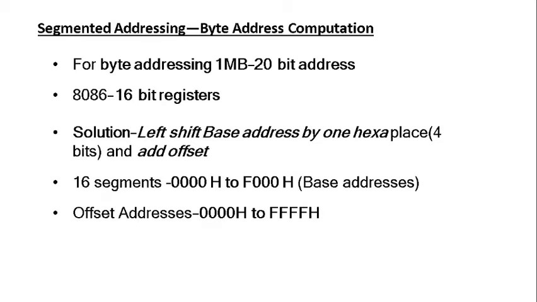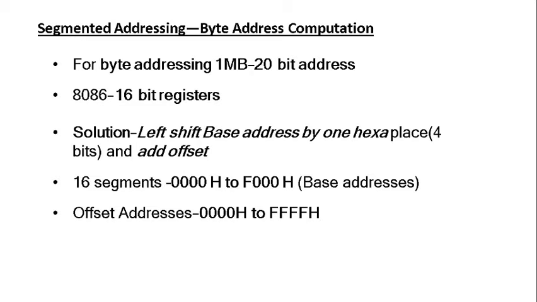So whenever you need to find the address of a byte in a segment, take the corresponding segment's base register, take its value and left shift it by 4 bits, or 1 hexadecimal place. Then take the corresponding segment's offset register contents and add it directly to this left shifted value, and you will get a 20-bit address.